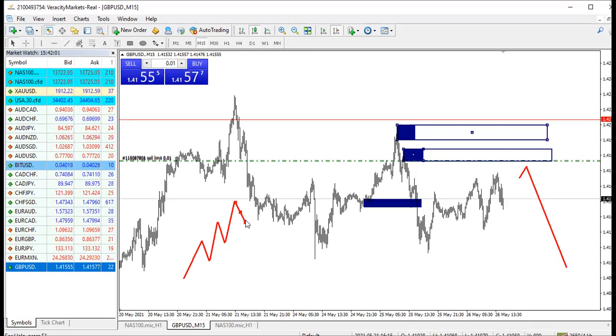But if it can break this lower low, this low here. If you check here, this low didn't reach this low, meaning it's continuing with the trend. But if this zone can come from here and break here, we'll mark this zone as our low.